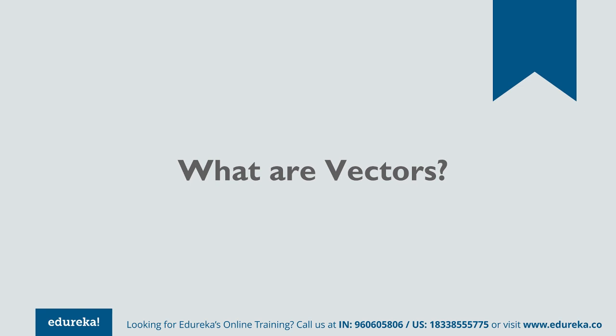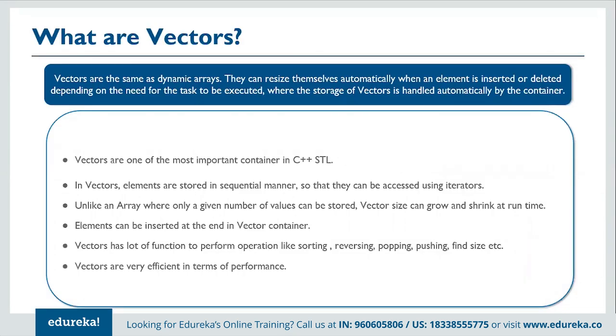What are vectors? We will go through these points to understand vectors in more detail. Vectors are the same as dynamic arrays. Dynamic means they can resize themselves. So they can resize themselves automatically when an element is inserted or deleted depending on the need of the task to be executed, where the storage of the vector is handled automatically by the container.